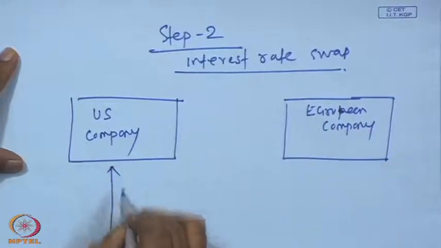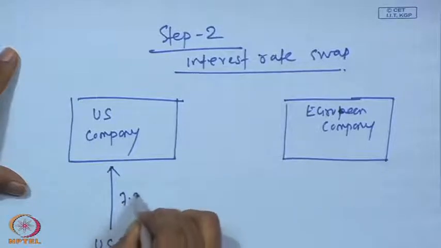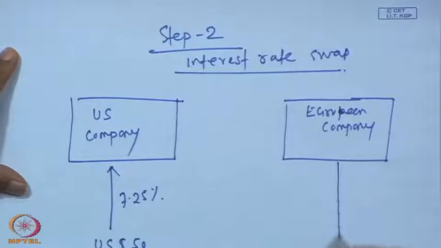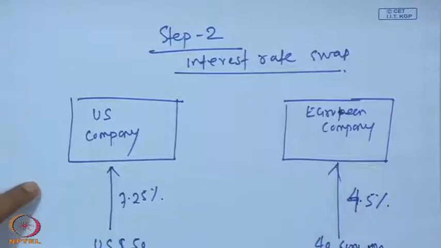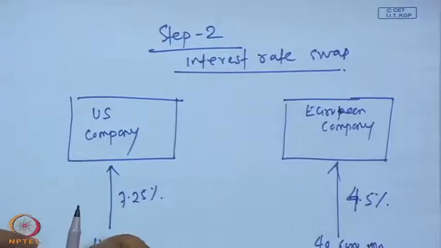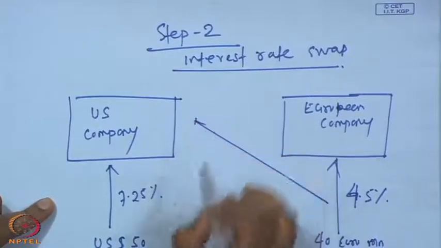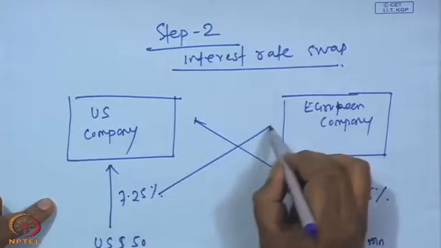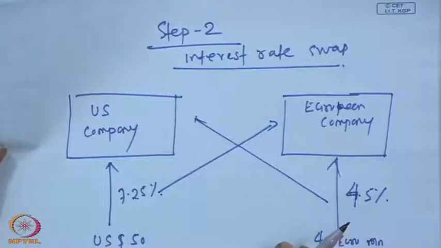The US company has raised 50 million US dollar at 7.25%, and the European company has raised 40 million euro at 4.5%. Now the interest rate transaction takes place. The 4.5% will be paid by the US company and the 7.25% will be paid by the European company. Now, what is the amount here?